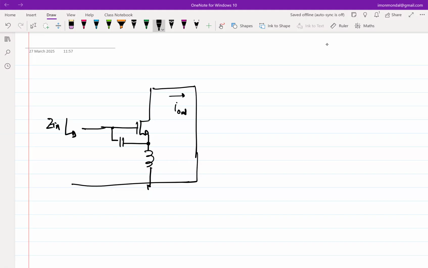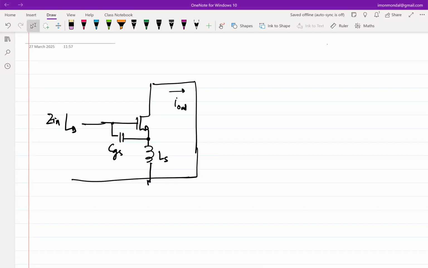Okay, fine. So if that is the case, then we saw this Z-in. So this was CGS, and LS. Then we saw that Z-in was equal to, obviously, the summation of the impedance provided by CGS and LS, that should be there.